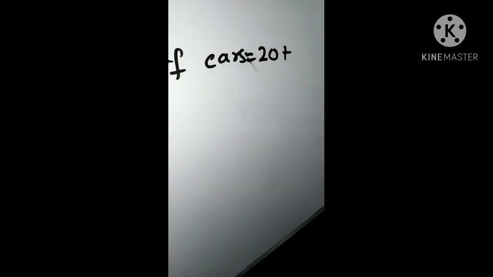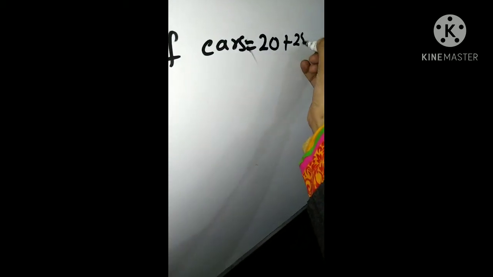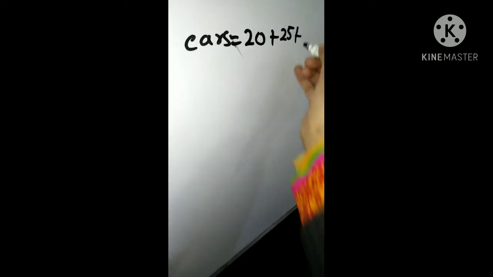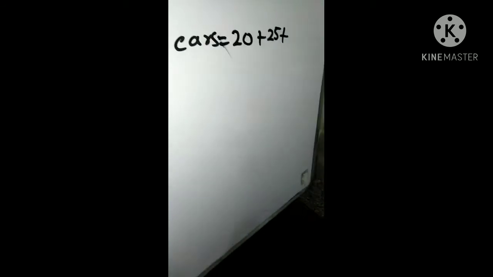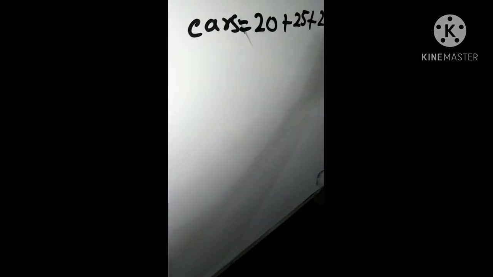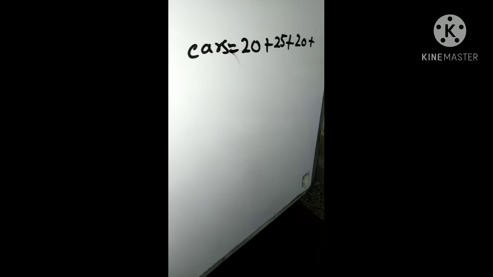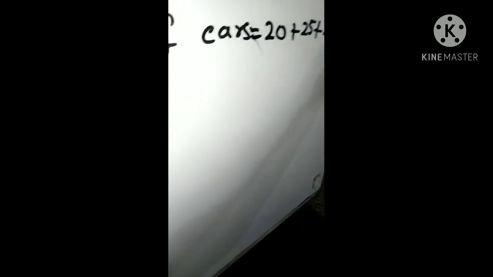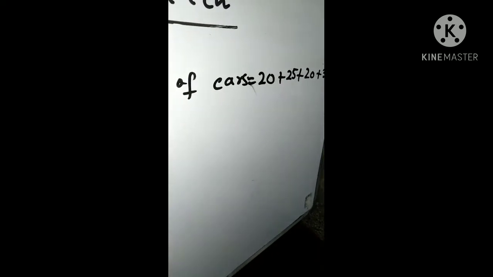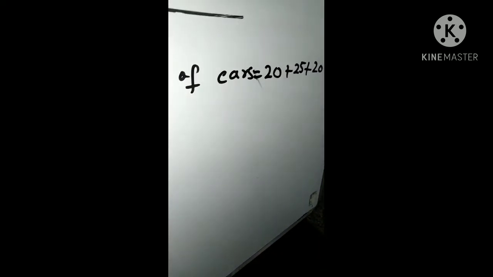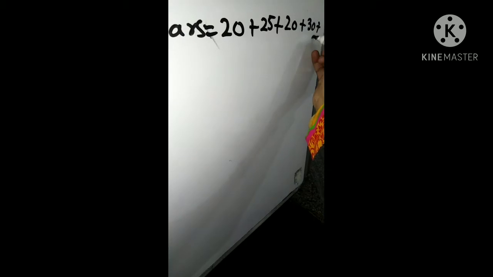The second bar goes till 25, so you will add 25. And the third bar goes to 20, again you will add 20. And then the fourth bar goes till 30, you will add 30. And the last bar goes till 25, so you will add 25.